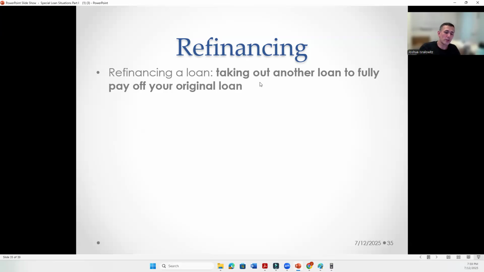The reason why you would ever want to do this is, if you have a loan with a relatively high interest rate, interest rates might decrease. So you can often take out a new loan and pay off the old loan. And that's usually allowed. There are usually not prepayment penalties.